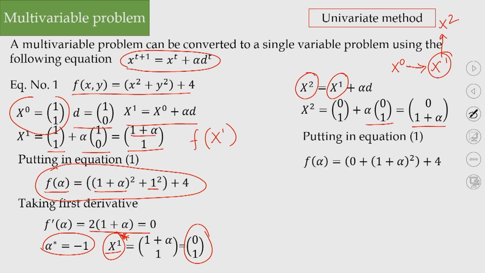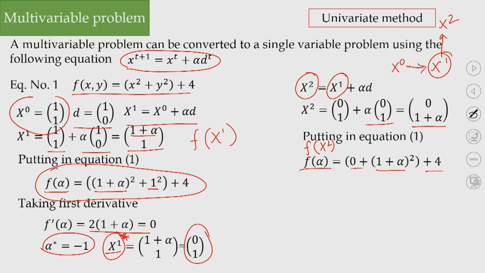So, now if I put in equation 1, I can put f of x2, and in terms of alpha I can write f of alpha, which is equal to, this is x equal to 0 and y equal to 1, plus alpha square plus 4.